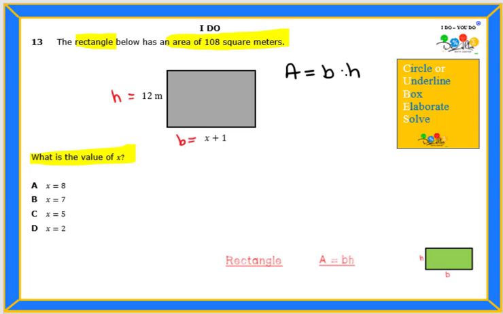And I know the area is 108. So for A, I can put 108 equals base. My base is x plus 1. And my height is 12.